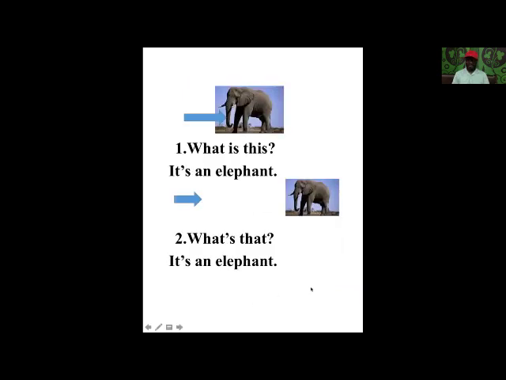Next, number 1. What is this? This, because you are touching. This book. This, you are touching. When you are pointing, that, there is some space.